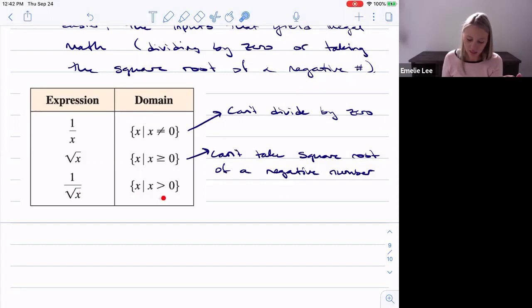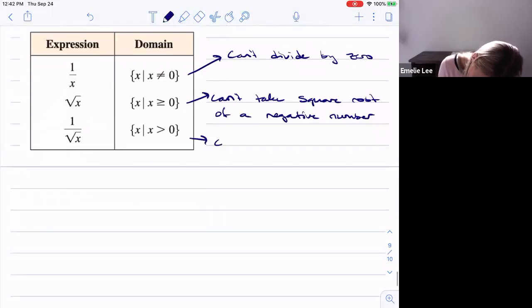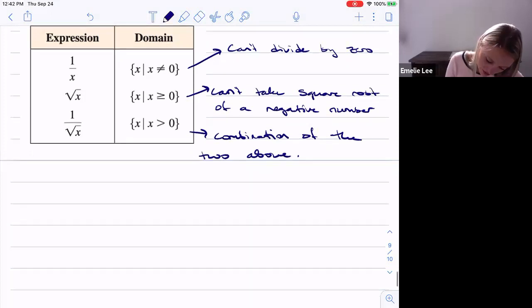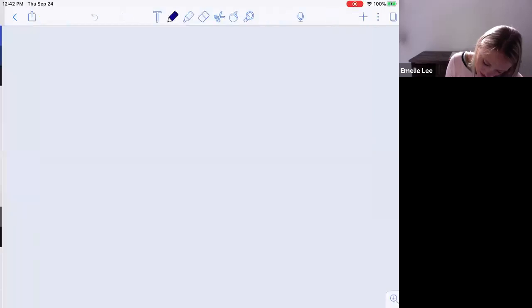And so then here, the domain is the set of x's such that x is greater than 0. So we can't have the root of 0 down there in the denominator anymore. So it's a combination of the two above. Okay, so we are going to be dealing a lot with the domain. So let's get started here and do some examples.